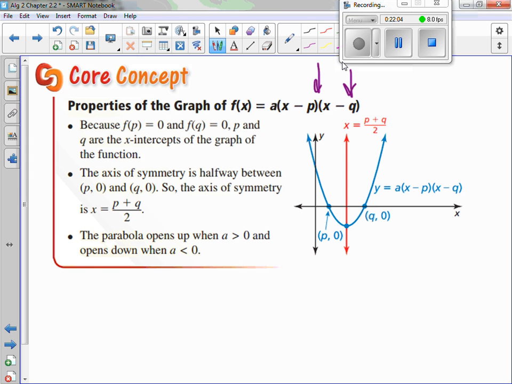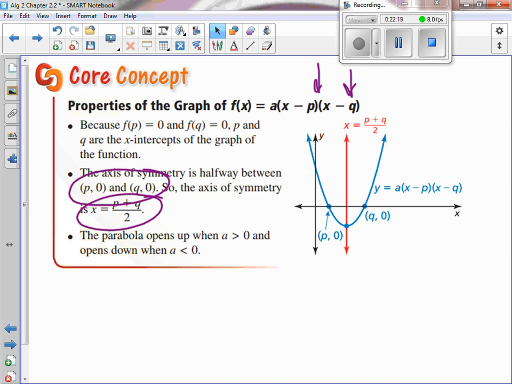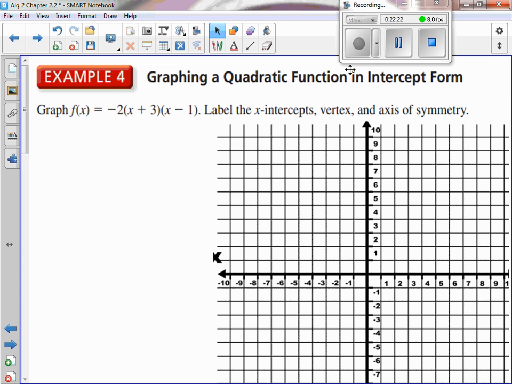And the axis of symmetry is halfway between these two values. It'll be halfway between them every single time. And we'll have this here for the x value. And these here are our two symmetry points. Label the x-intercepts, vertex, and axis of symmetry. So we're doing three things here.